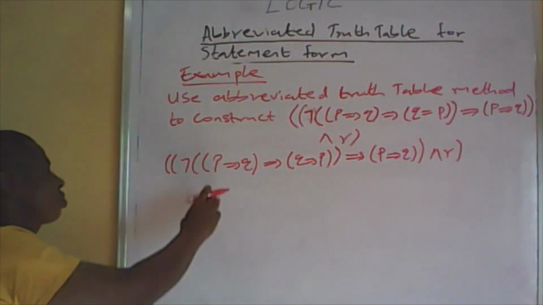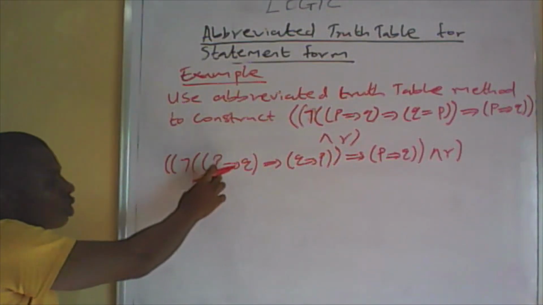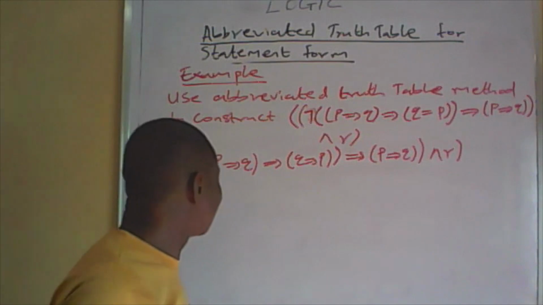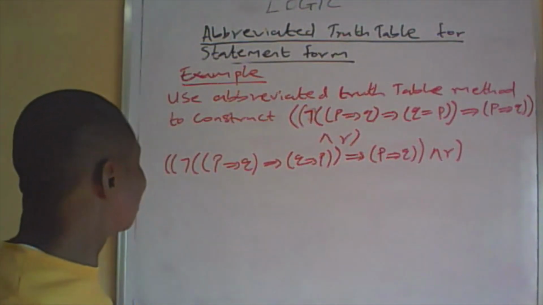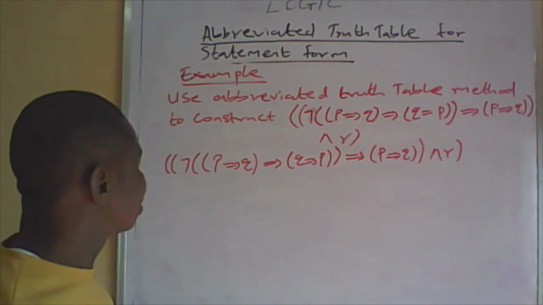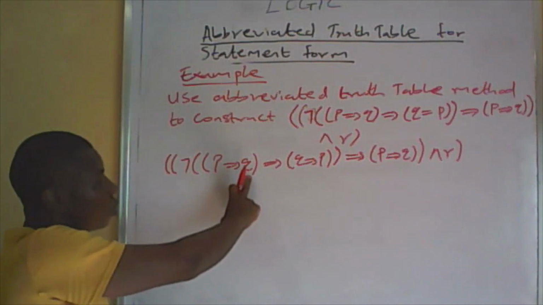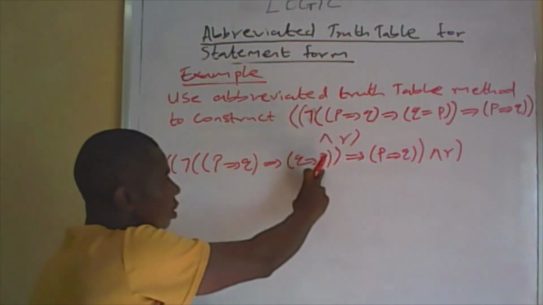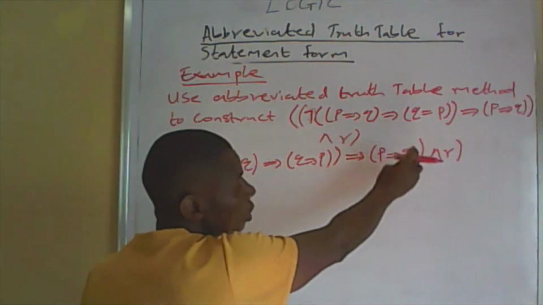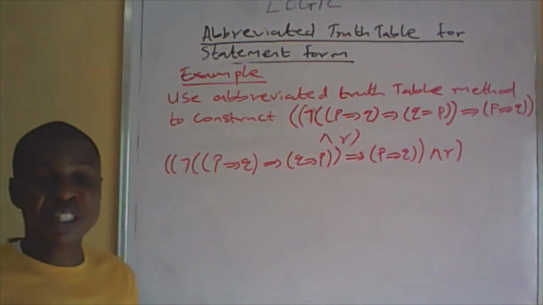Now let us assign truth values to our simple statements. How many simple statements are involved in this statement form? You can see we have P, Q, Q, P, P, Q, and R. So you have 3 simple statements.